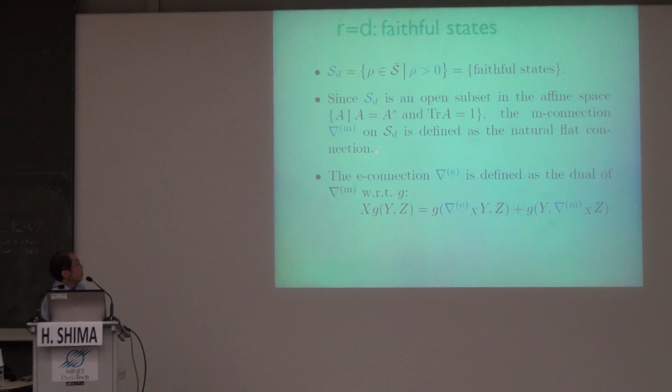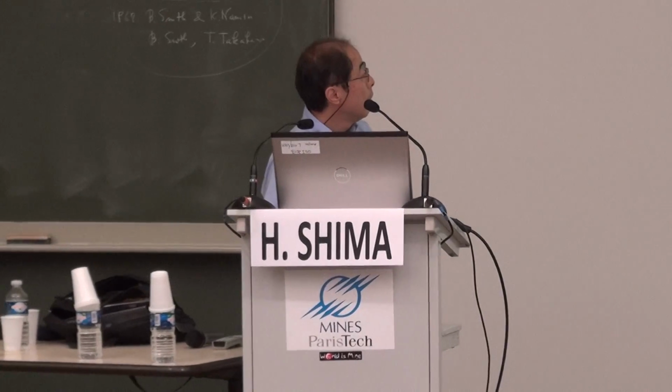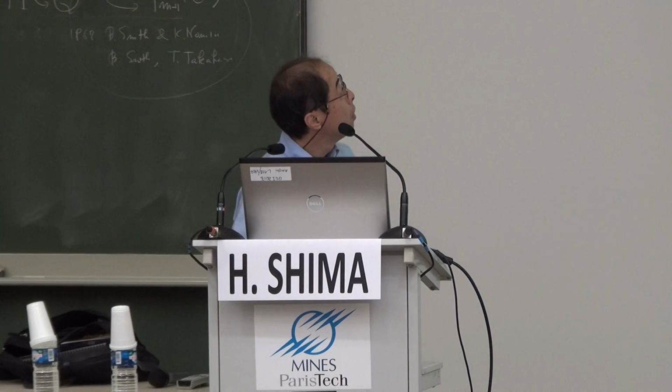And also recall the e connection, defined as the dual of this m connection with respect to G by this formula. This e connection is not flat. It only has vanishing curvature, but the torsion appears. This is a quick review of the geometry of S_d.